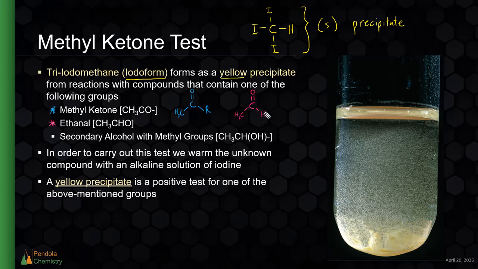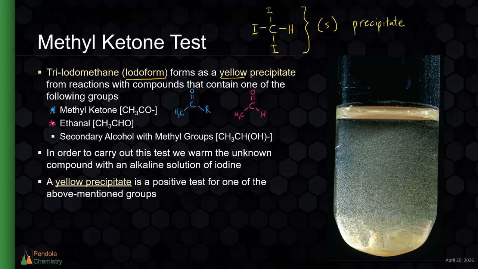Because that side has to be a hydrogen and the other side has to be a CH3 for it to be methyl, this is the only methyl aldehyde we can possibly make. And therefore, ethanal will also give us a positive iodoform test.